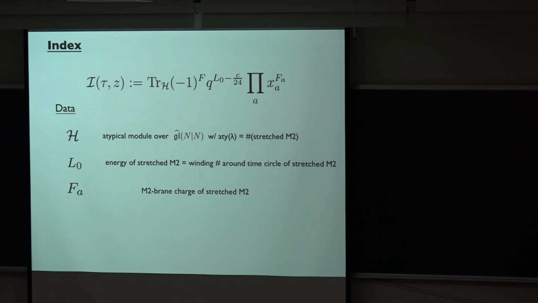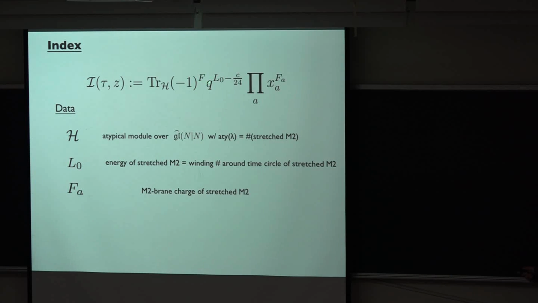So this is the data of the indices. Now we understand this H is atypical. This H is the Hilbert space of the series, but we are taking this Hilbert space as the atypical module with atypicality being the number of stretched M2 branes.